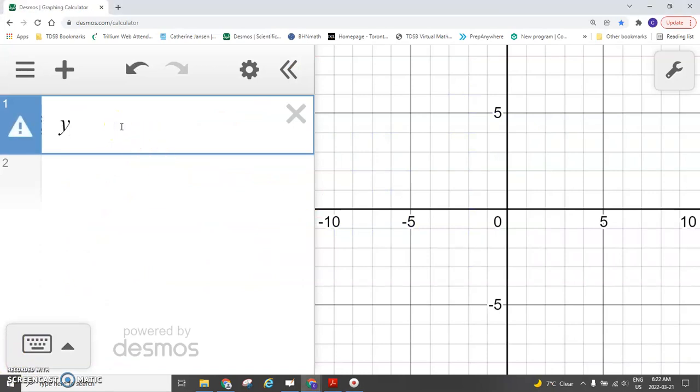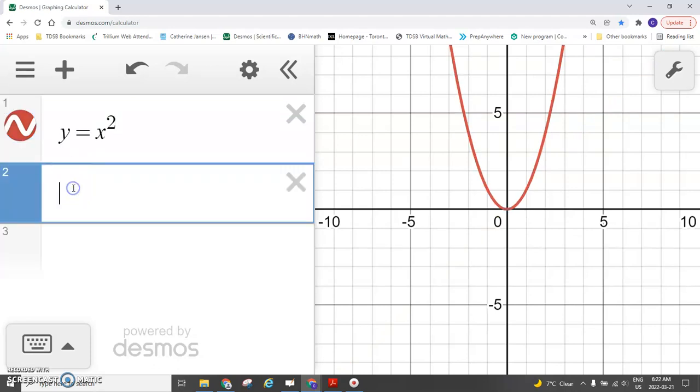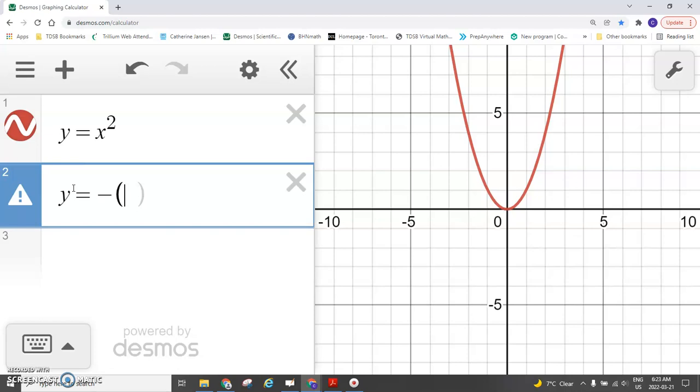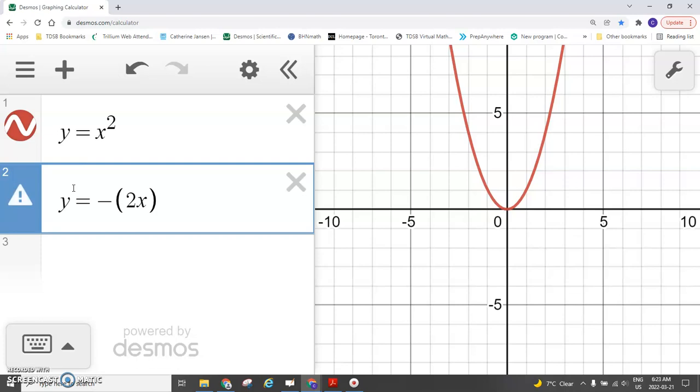But here, if I write in the parent function y equals x squared, and we compare that with the transformed function, which was y equals negative, and then we have the brackets here, (2x) squared, you can see essentially the transformed graph. So, yep, that's it for now.